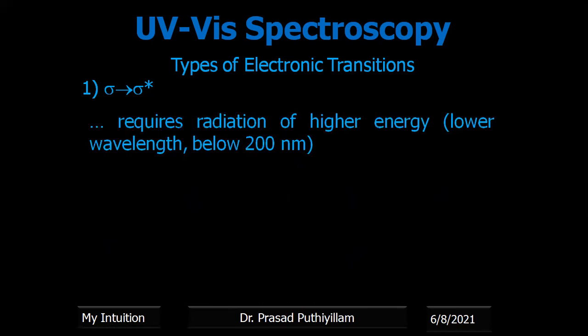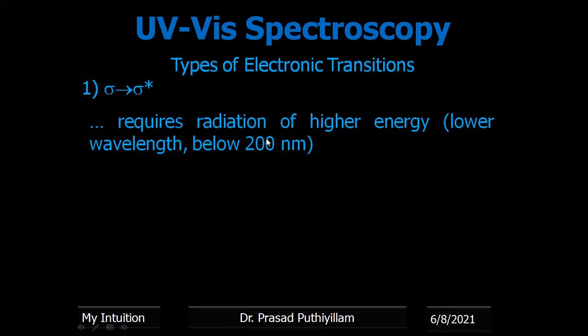Then it requires radiation of higher energy or lower wavelength, well below 200 nanometer. Below 200 nanometer is the far UV region. That is also explained in detail in my first video, UV spectrum class number 1. If you are not clear about this point, go back and check that video.